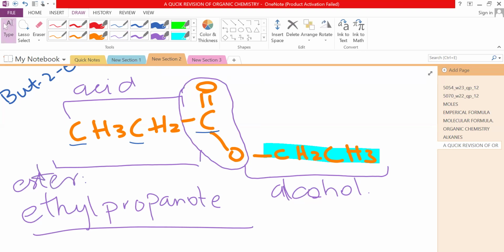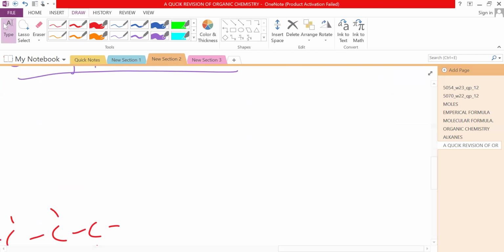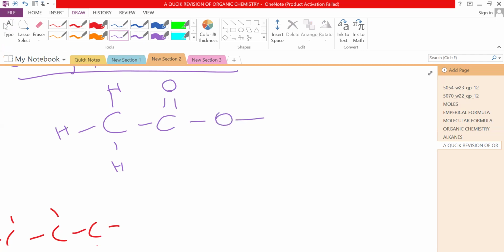Let me give you another example so you can have a better understanding of esters. This time I'm drawing this condensed formula: two carbons, hydrogen, hydrogen, hydrogen, then carbon with a double bond of oxygen and a single bond of oxygen, and then carbon and hydrogen.